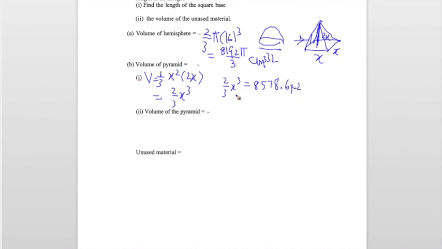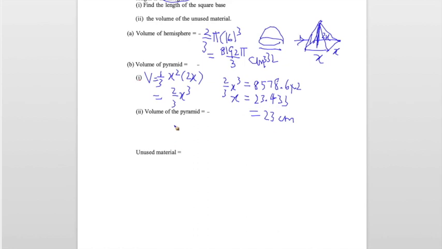Right, then we can find the value of x, and the value of x is a decimal number, but they want the value of x to be an integer. The value of x is actually 23.433. So since they want it to be an integer, it has to be at most 23 cm, nearest integer.